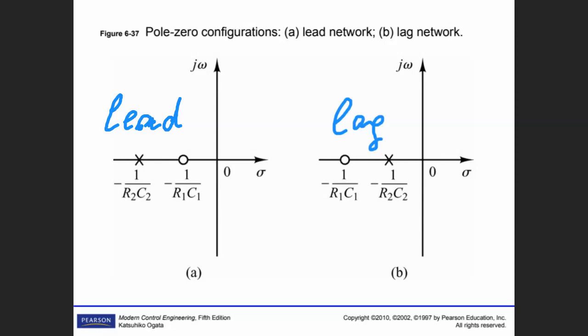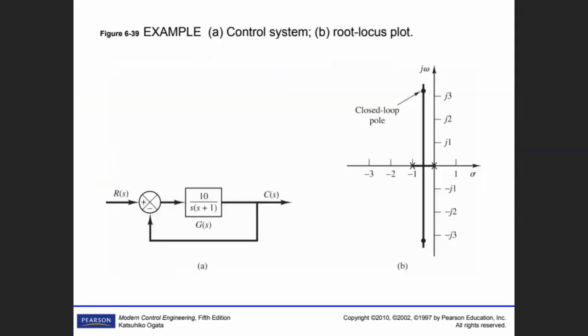Last week we solved this problem, and we said that if we have a system like this, it's a second order system, but it's not very nice since it's very near to the j omega axis. If we solve for the damping ratio, the undamped natural frequency, or the real part of the pole, which is this location, this is the pole.